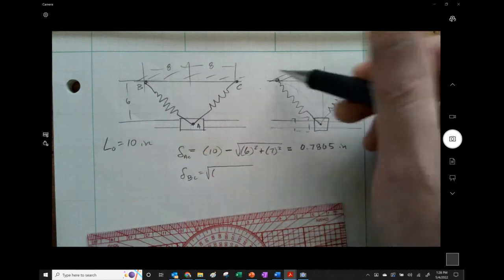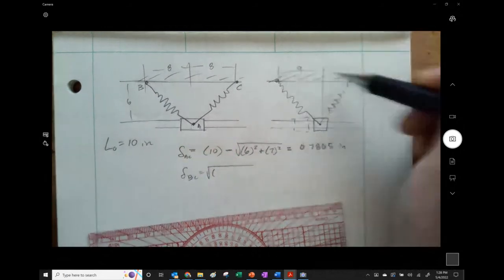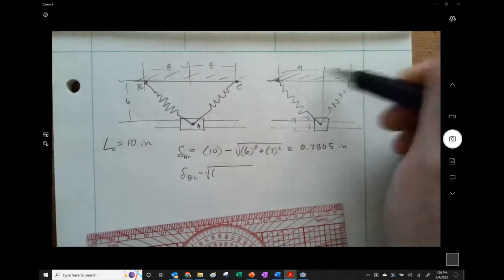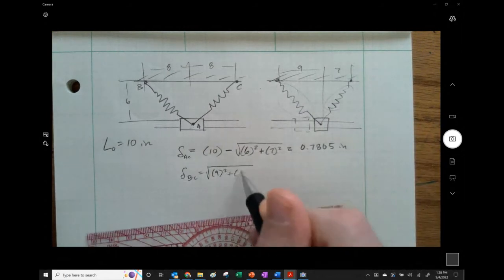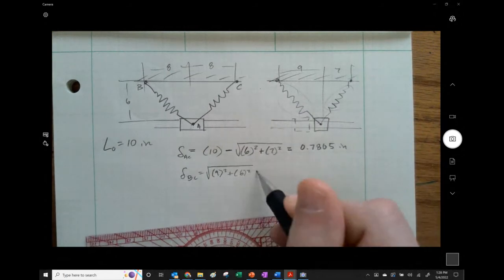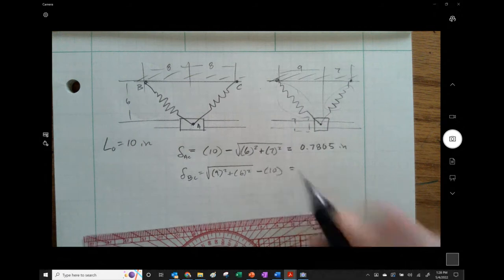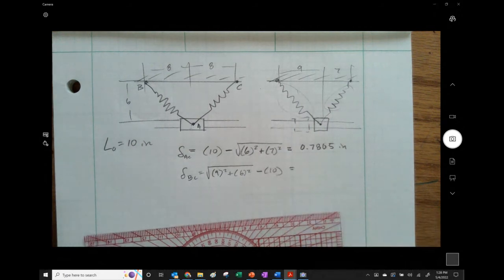Because it's moved over. So this is 9 right here, and that's 7. So it's 9 squared plus 6 squared, and then minus 10. So what, 81 and 36, square root, and then subtract 10.